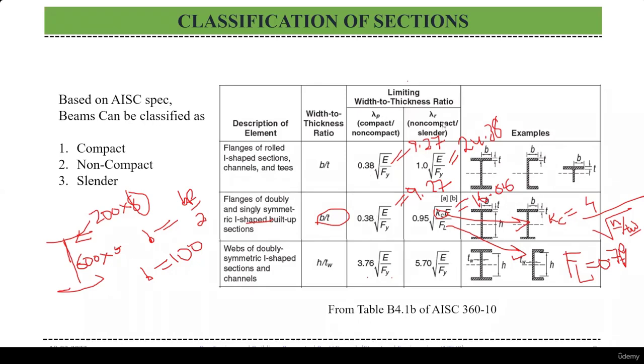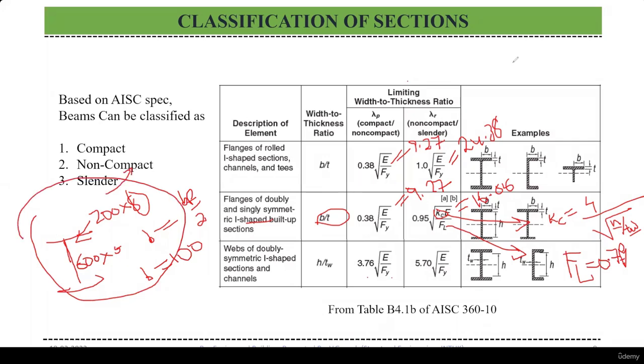16.08 is the limit for a non-compact section for the B by T value. But what we have got here is 12.5, which is exceeding the compact section limit, so we are treating this as a non-compact section. So 600 by 5 by 200 by 8 is a non-compact section.